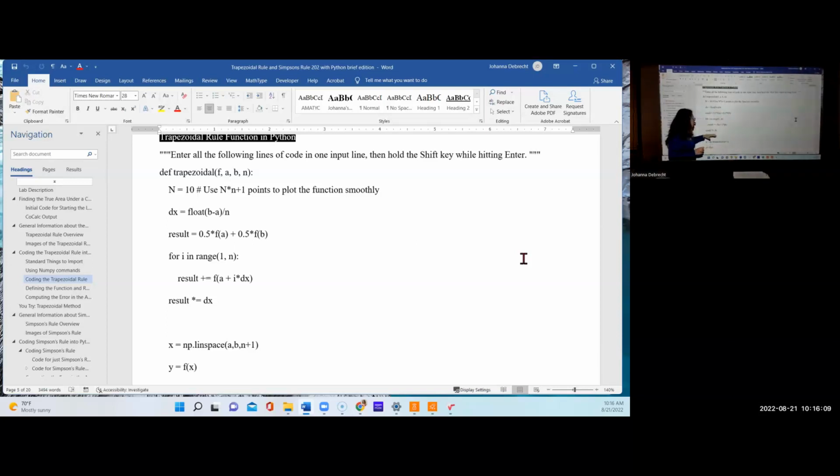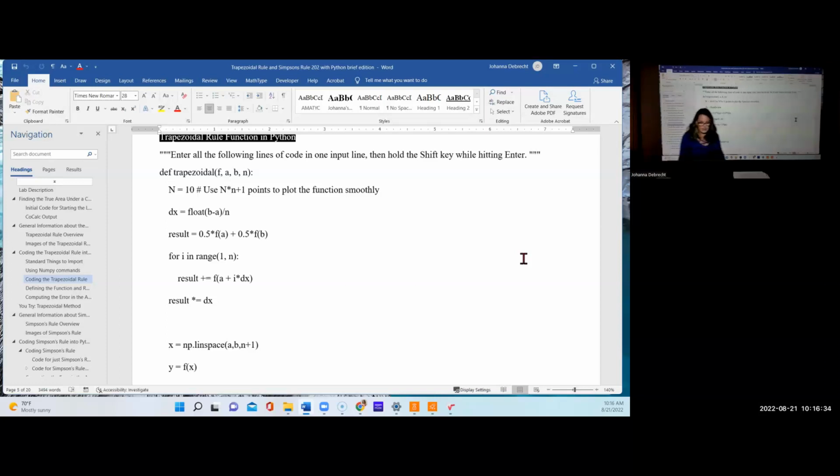And then what I need to do is multiply by the width of the interval, which is delta x. So it's going to take the result of all of this, multiply it by delta x, and set it to equal result. So in a sense, I'm replacing the value of result every time I go through this loop. And the last thing I do is multiply it by the width of the interval. Then it will be stored in result.